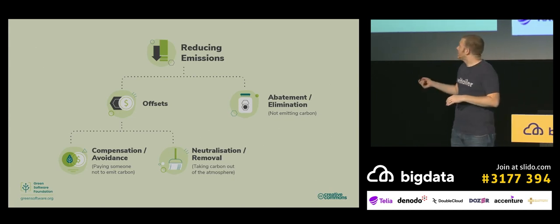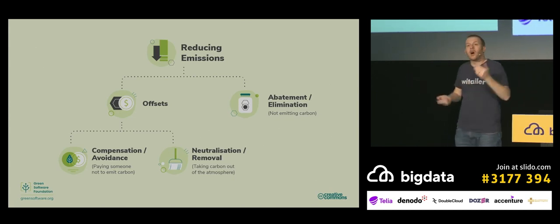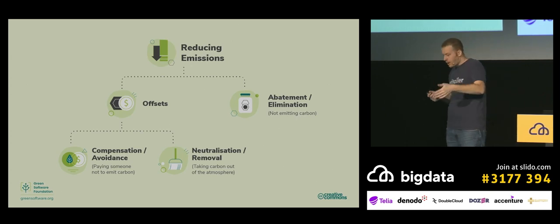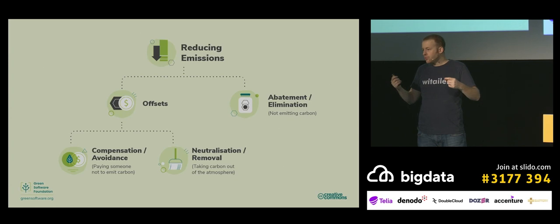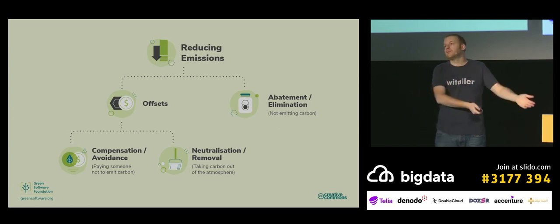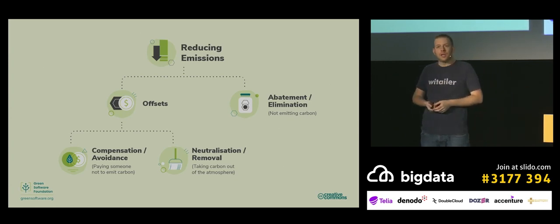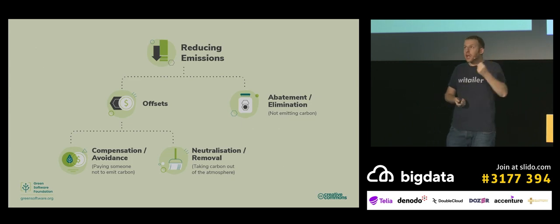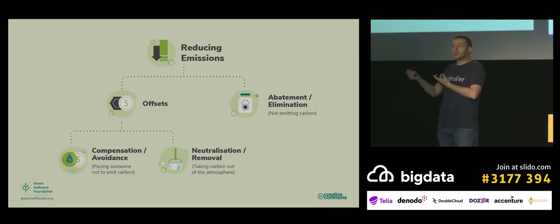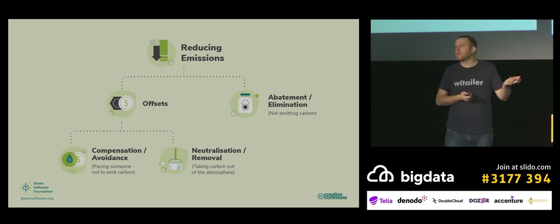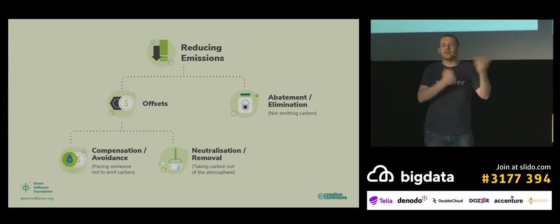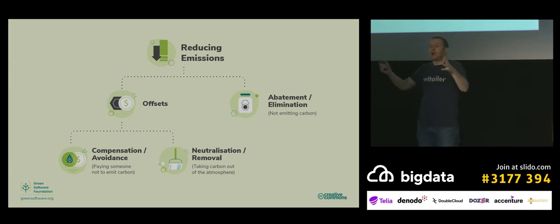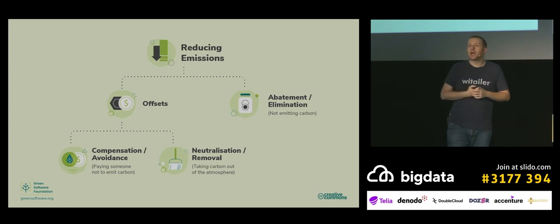Why? Because on the other side, we have offsets. Offsets are a way that we, as humanity, decided to handle the problem until a couple of years ago. So we thought that we could even consume and produce CO2 if someone else in another place of the planet may help compensate by planting trees, by capturing CO2 from the atmosphere and so on.